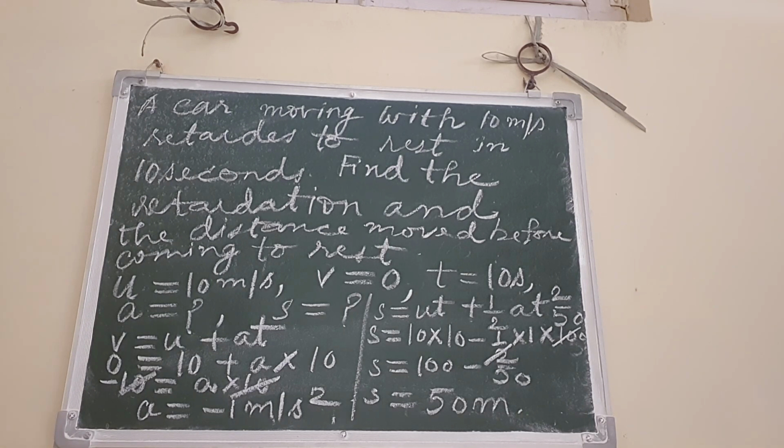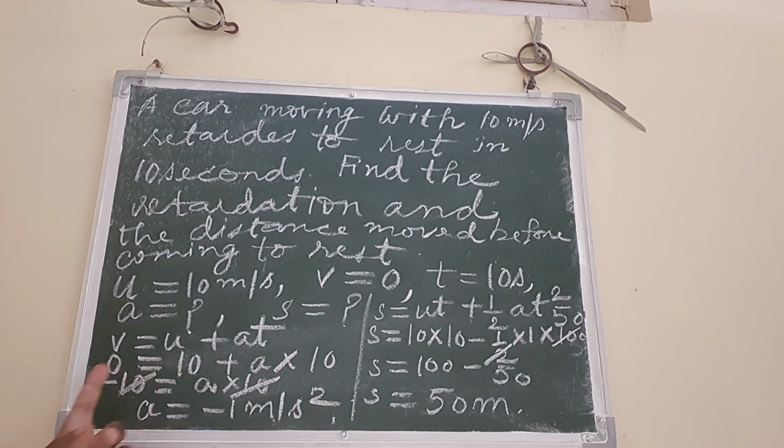So applying the first equation of motion, v is equal to u plus at. So 0 is equal to u, that is 10, plus a, acceleration, that is retardation, into time, that is 10.